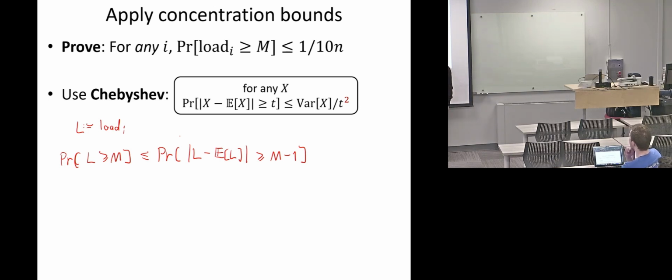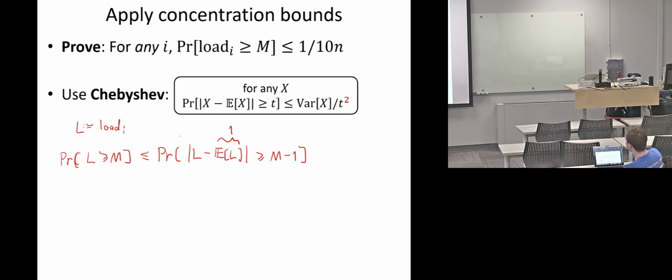So where did the minus 1 come from? The expectation is 1. So this is the event that L deviates from 1 by more than M minus 1.